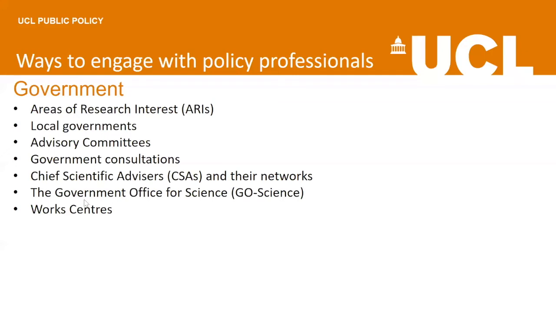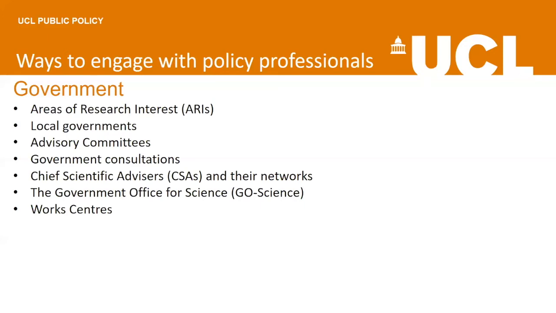And then there's also the Government Office for Science, which has shortened its name to Go Science, which is where Isabel did her placement, and she provided a really great overview of what she was involved with there. Go Science provides policy advice and scientific advice to the different policy teams and ministers. It doesn't actually develop policy itself, but they synthesize research and evidence and support the work of the chief scientific advisors.